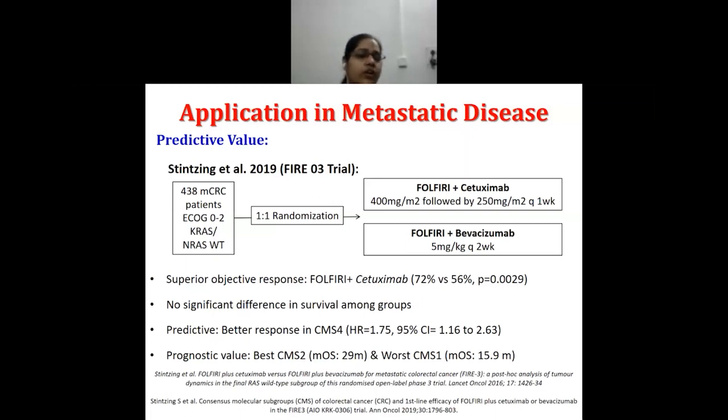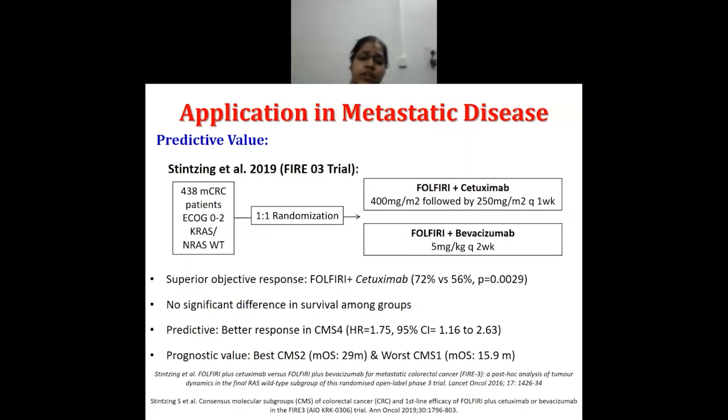The patients included were metastatic colorectal cancer patients with ECOG 0 to 2 having KRAS and RAS wild-type mutation. These were randomized into two arms, one with FOLFIRI with cetuximab, the other with the bevacizumab arm. Superior objective response was noted with FOLFIRI in the cetuximab arm, p-value being 0.0029.